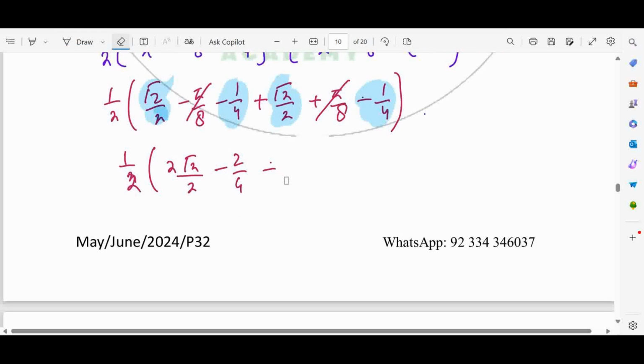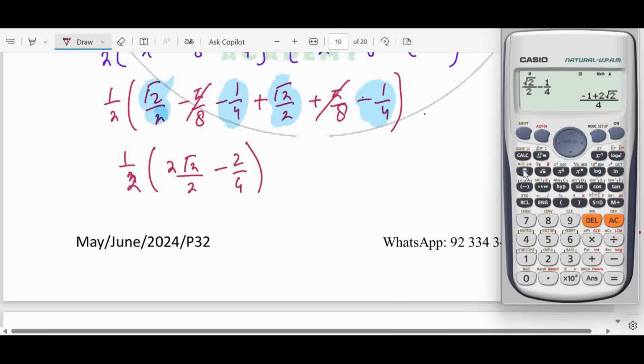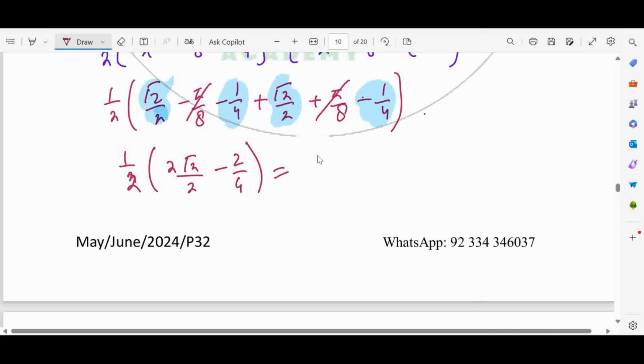So now this will be a much better answer. Now 2 square root of 2 divided by 2 minus fraction 1 by 2. Okay, I think that is it for this one, because we can just simplify it again.